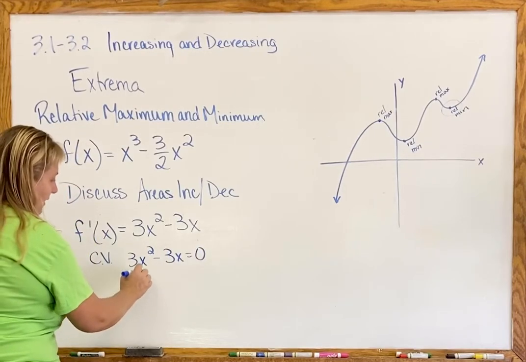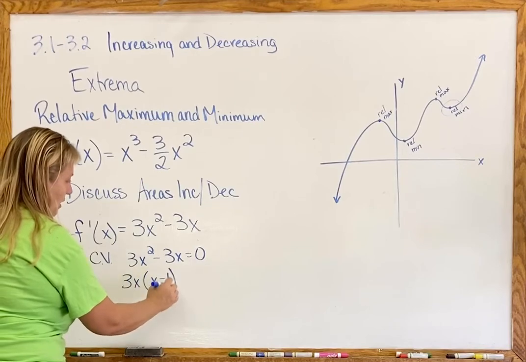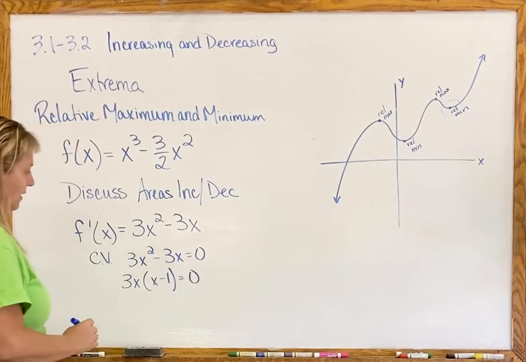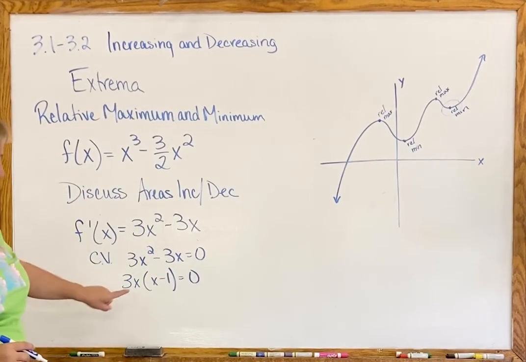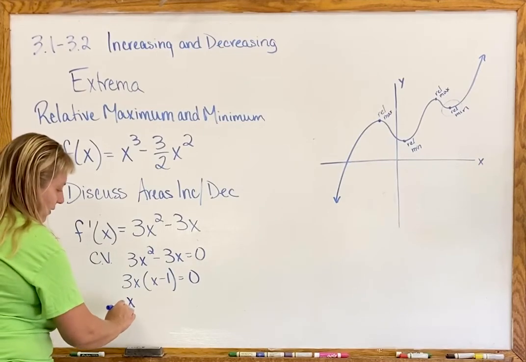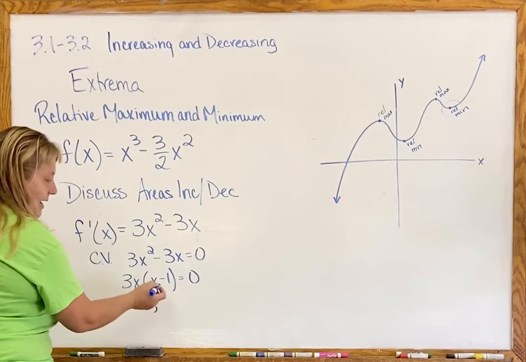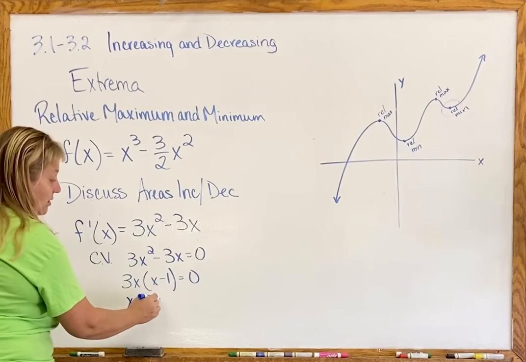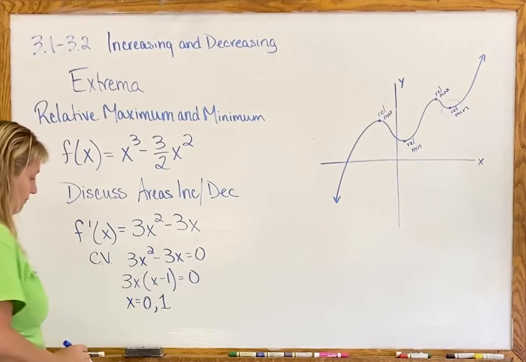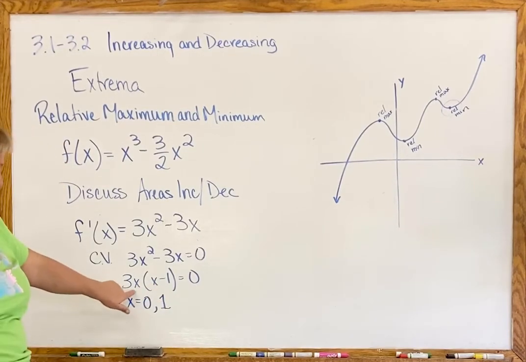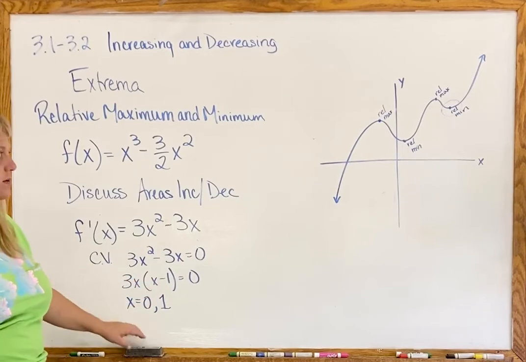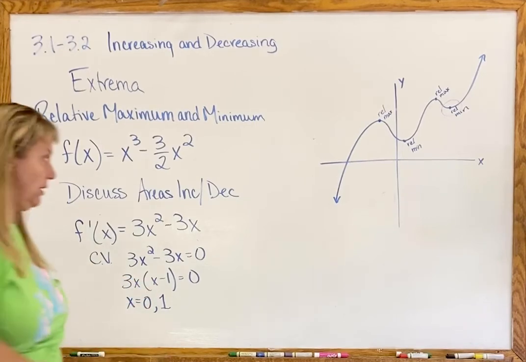Factor out a 3x, which will just leave us x minus 1 equals 0. We end up with a critical value at 0 over here, and another critical value when x equals positive 1. Everybody agree, right? 0 from here, positive 1 from here. So we have 2 critical values.